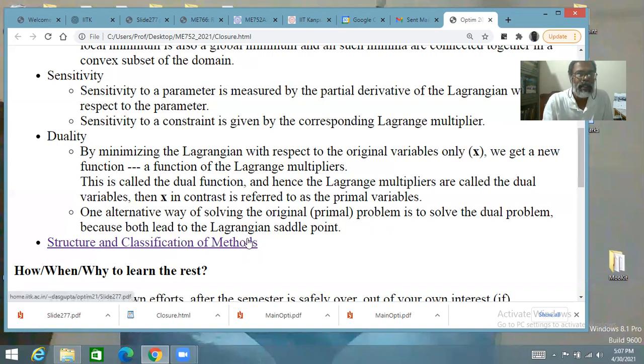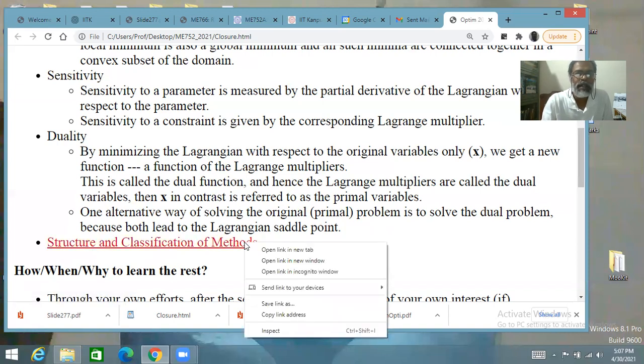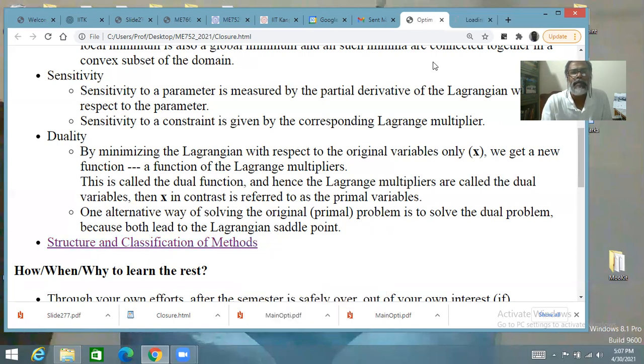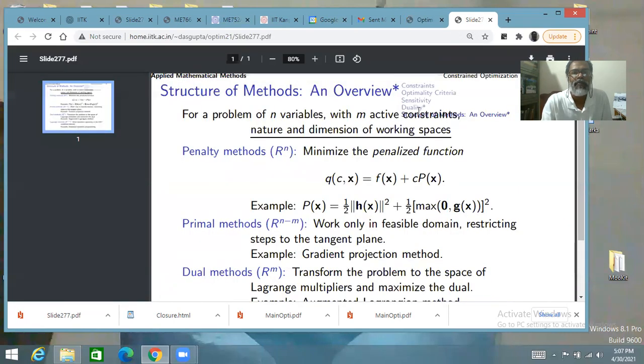So for that, let me open this single slide document. Yes.